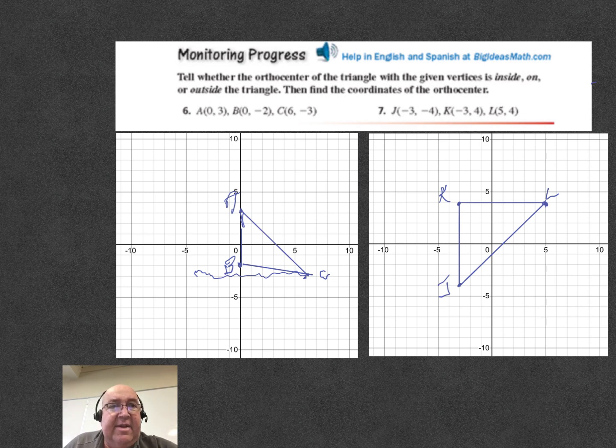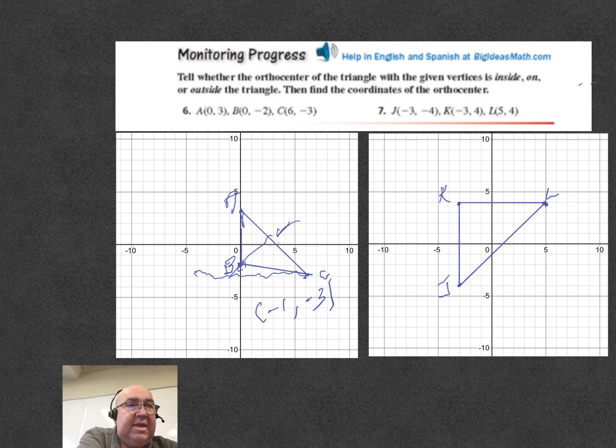Then I would need to find the slope of this line here, which right now is -x. So the actual line would be y equals x minus 2, and it actually intercepts at -1 and -3. So the orthocenter is at -1 and -3.